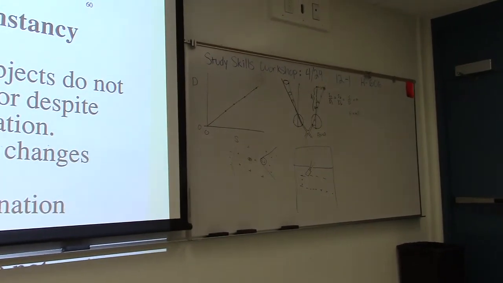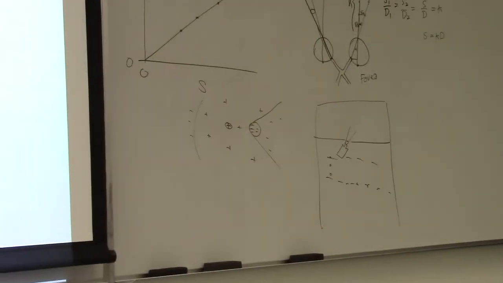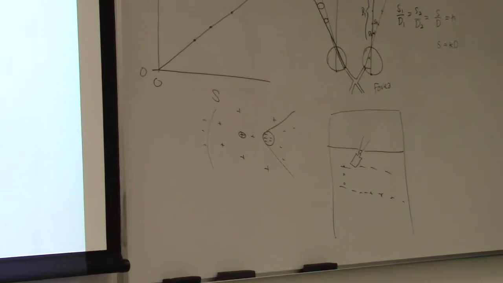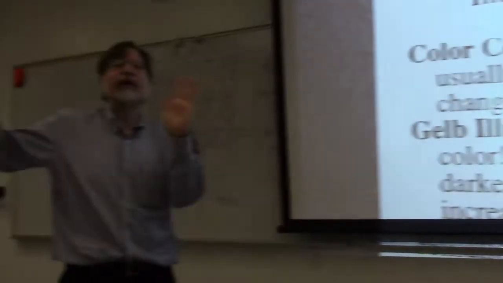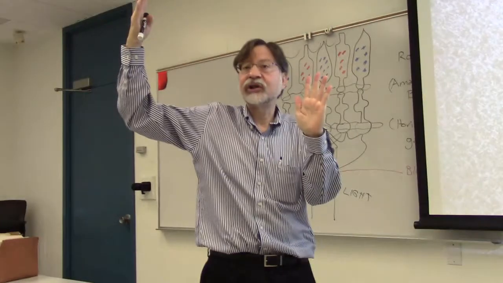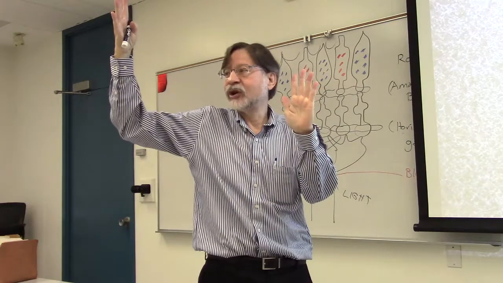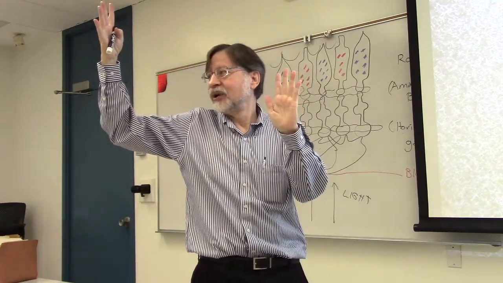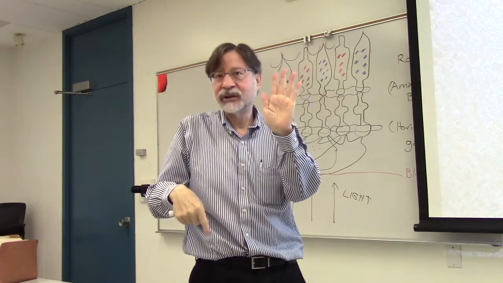So the square in the dark room, in the Gelb illusion, you ask the audience what color it is. They say it's white. I say, okay, now I'm going to turn on the room lights. We turn on the lights. That increases the illumination, increases everything, right? And now the audience says it's black. So it changes from white to black. The same object changes color.